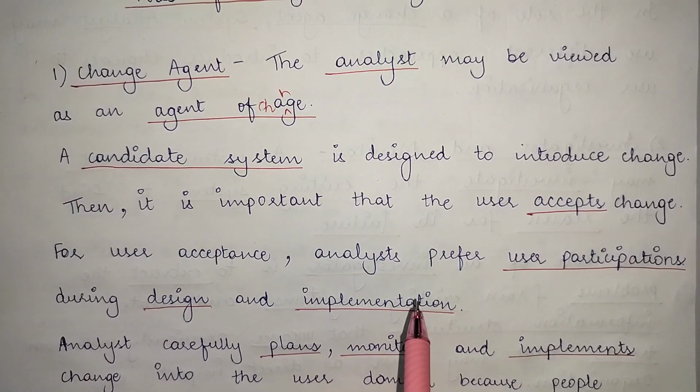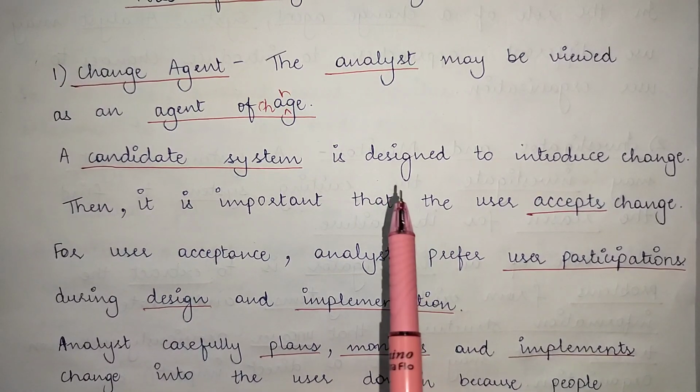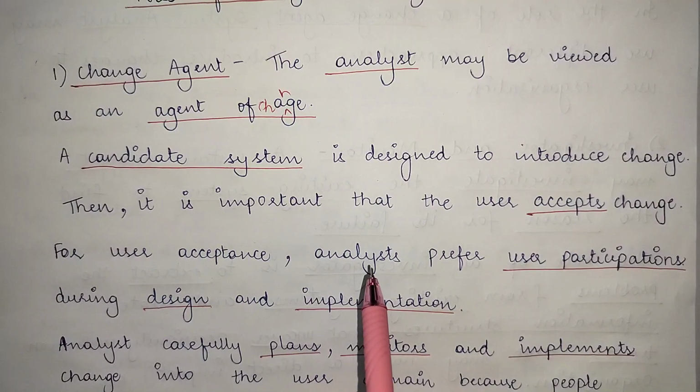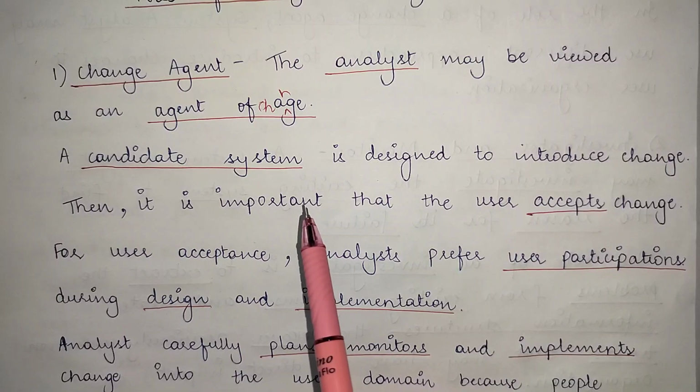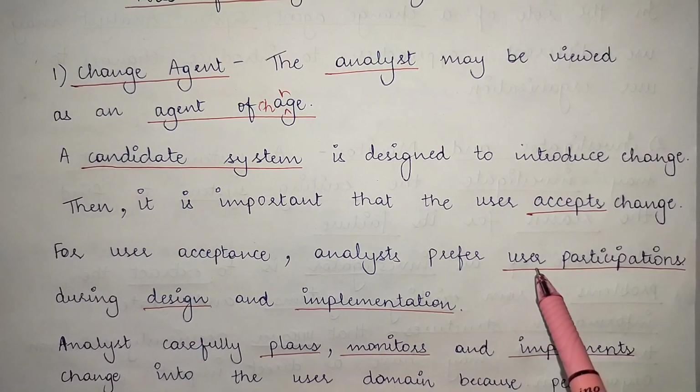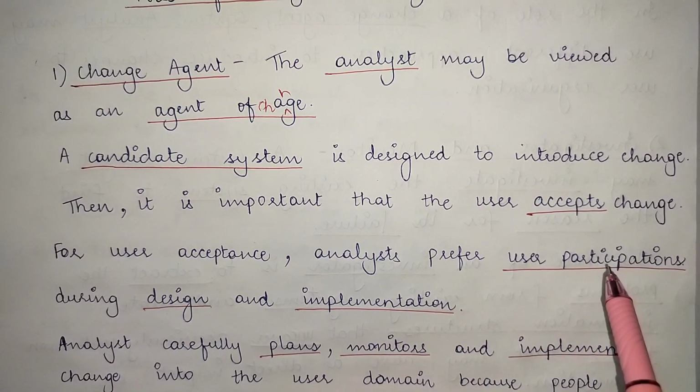So the best way to make users accept the candidate system is to involve them from the initial stages of the development and design of the candidate system. So what do the analysts prefer? Analysts prefer that the users participate during the design and implementation phases of the candidate system.